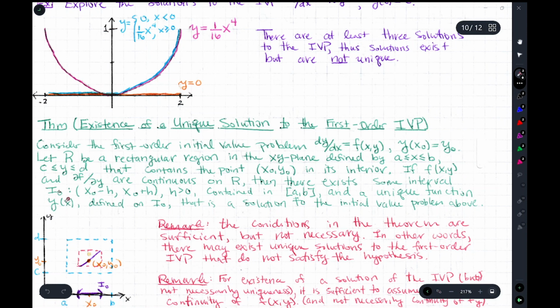If f(x,y) and partial f, partial y are continuous on R, then there exists some interval around x naught, and we're not specifying how big that interval is, just that h is strictly greater than 0, contained in (a, b), and a unique function y(x) defined on this interval I naught that is a solution to the initial value problem above. Key word here is unique.